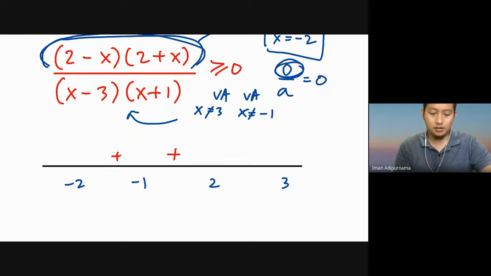And checking maybe negative 3, I think negative, negative. Yeah, it's negative. Then 2 or 3, we can maybe check 5 over 2. Negative, negative, positive, right?